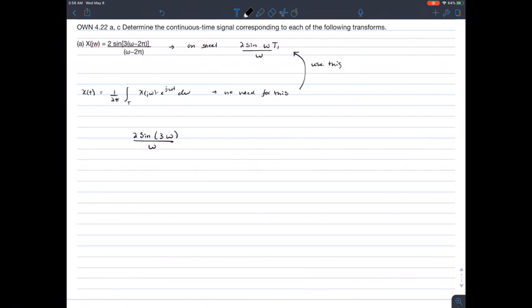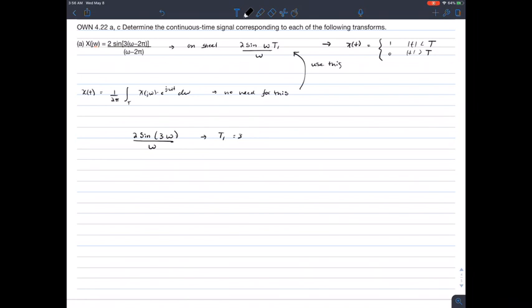So we know that T1 is going to be equal to 3. And I am so sorry I did not write what the actual x of t was for this. X of t is going to be equal to 1, 0. T is less than big T. T is greater than big T. Okay?